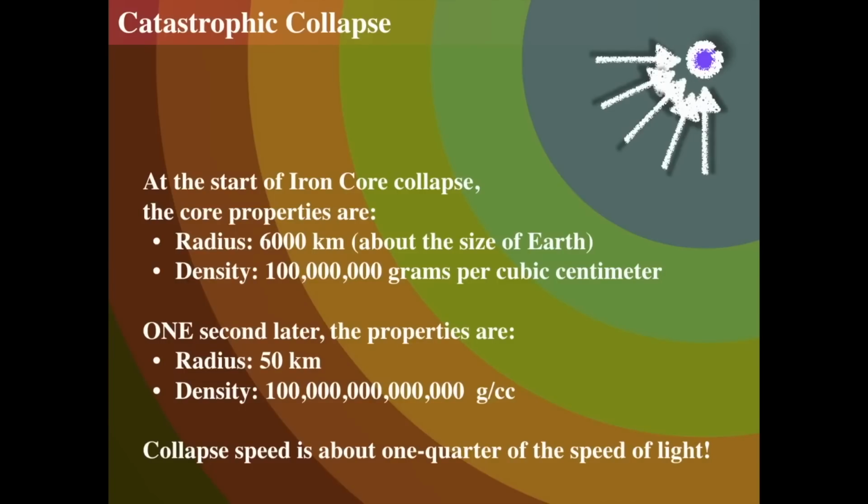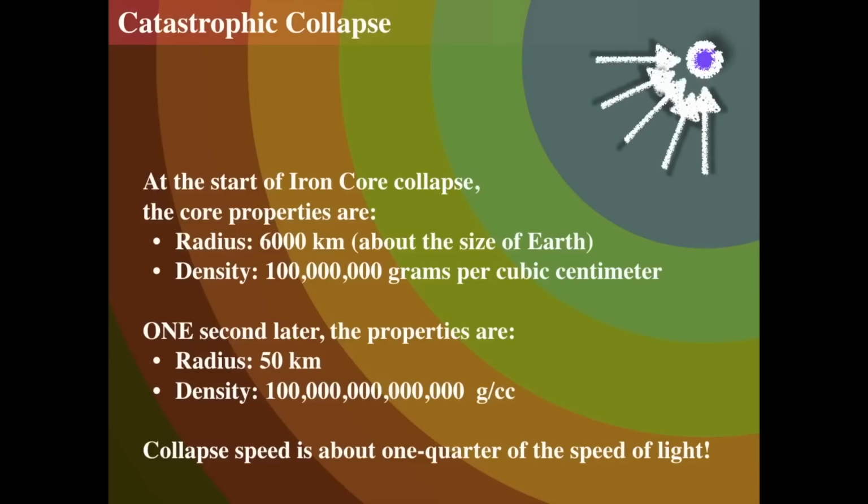In total free fall, it drops from 6,000 kilometers in size down to 50 kilometers in size in less than a second, at about a quarter of a second later. And then the density increases to almost 10 to the 14th grams per cubic centimeter, which is astonishingly high density, and that density is the same density as an atomic nucleus.